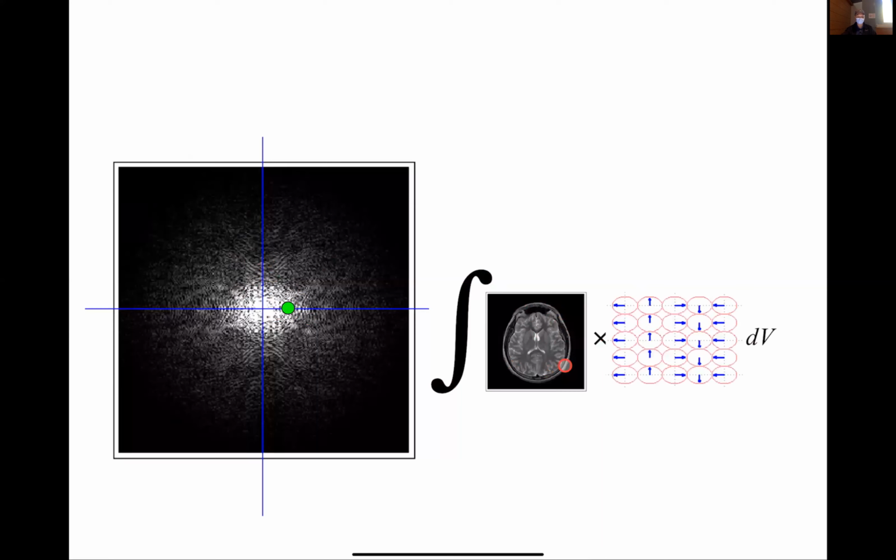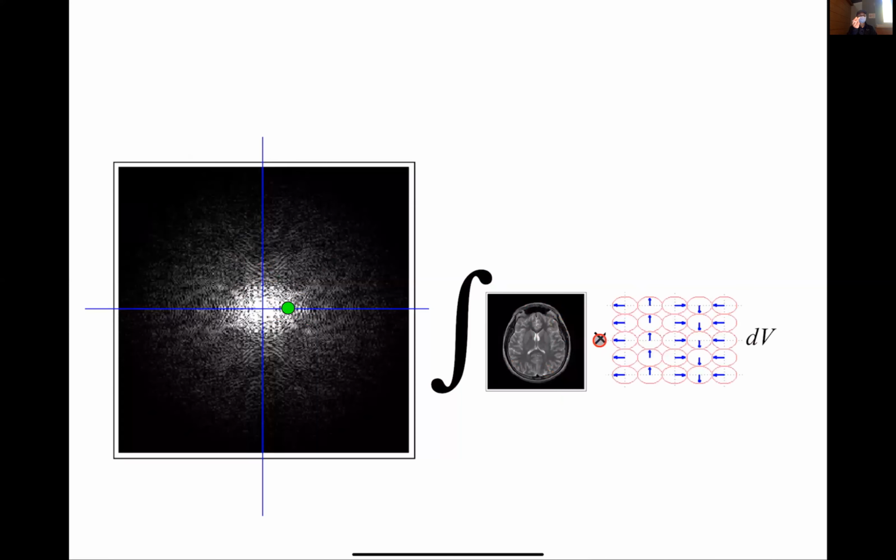Now, the multiplication here in MR is done implicitly, because that's just the value of how many protons you have. If I have 0 protons at a location, it doesn't matter what the phase is. There's no contribution. So that multiplication is inherent to the process because you're imposing the spatial encoding on your object.